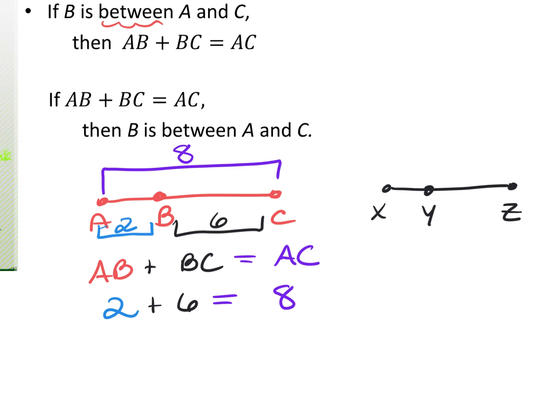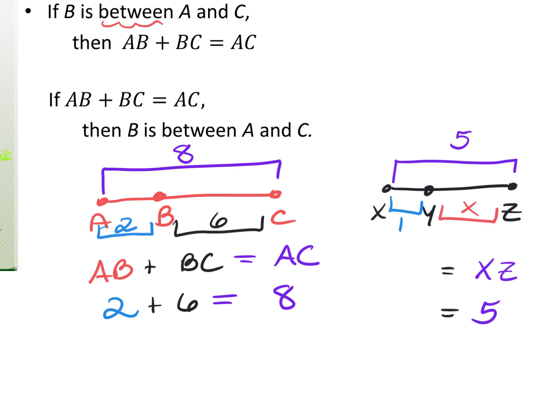So let's say this time I gave you the length of the whole thing, and I told you XZ equals 5. And let's say I also give you that XY from here to here is a 1. And I want you to find the length of YZ.